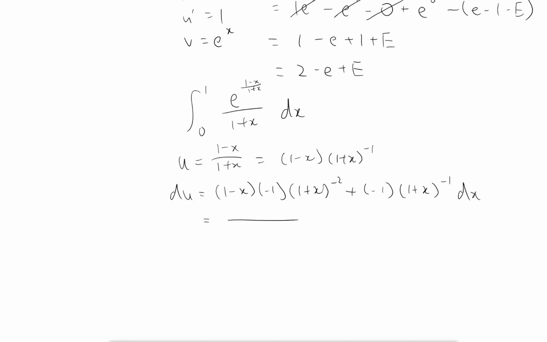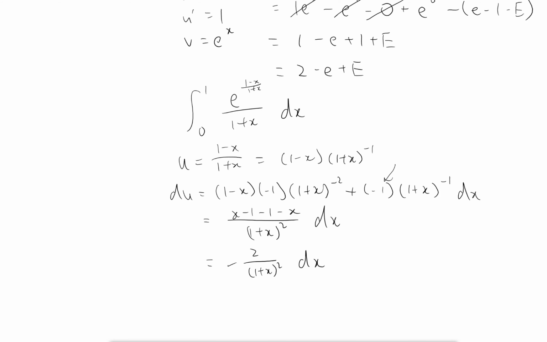If I write it in a common denominator, that's 1 minus x times minus 1, which is x minus 1, and minus 1 minus x, because I've got 1 plus x left but I'm multiplying by minus 1 here. So that equals minus 2 on 1 plus x squared dx.